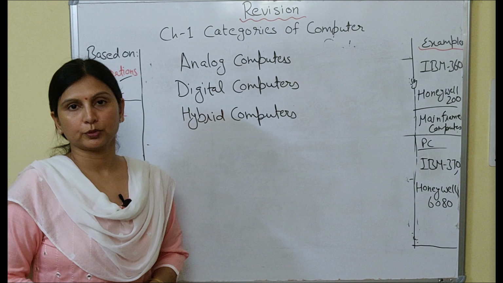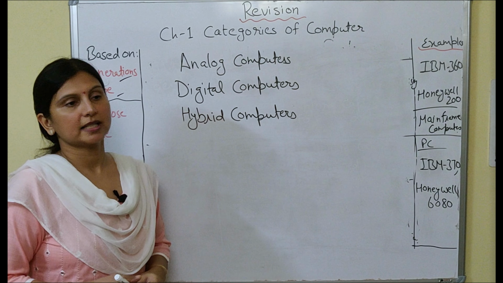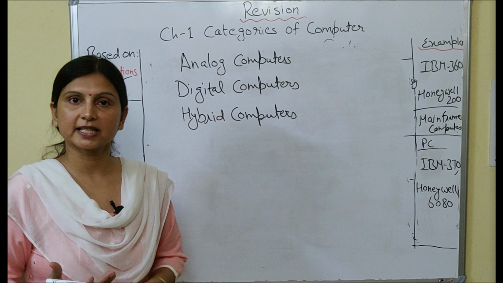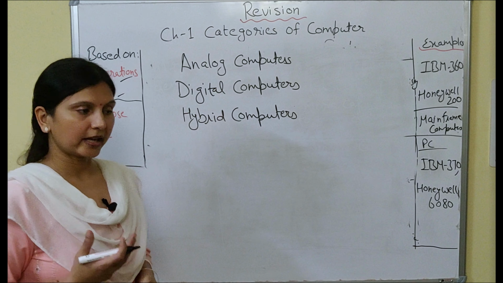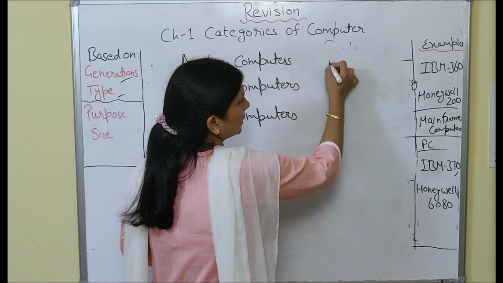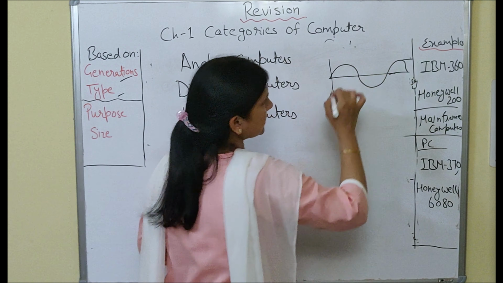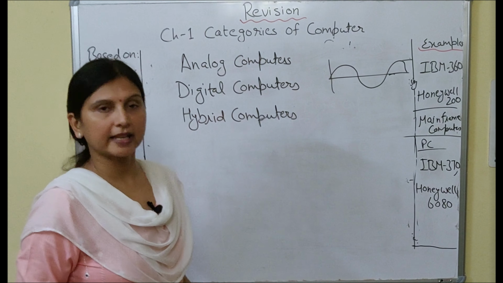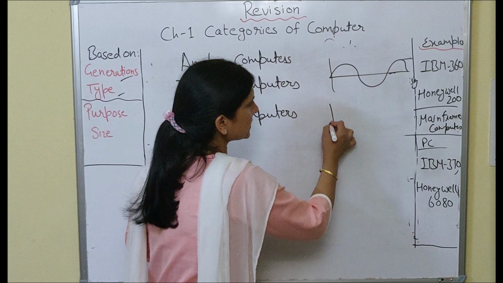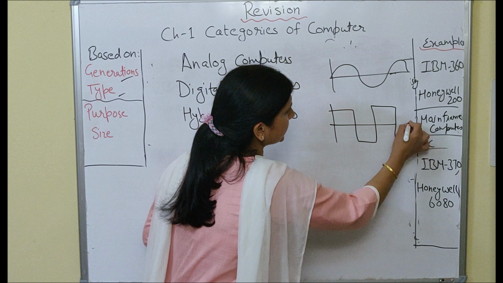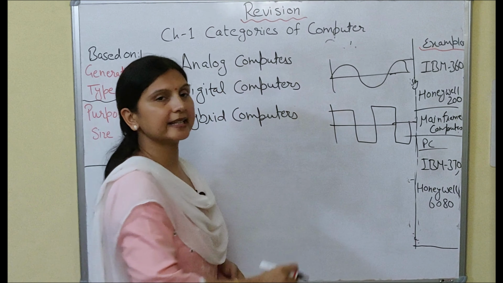First, analog computer. What are analog computers? An analog computer deals with and processes analog data. Analog data is continuous in nature, like this. So this is analog data and this is digital data. Two types of data or signal we can say, analog and digital.